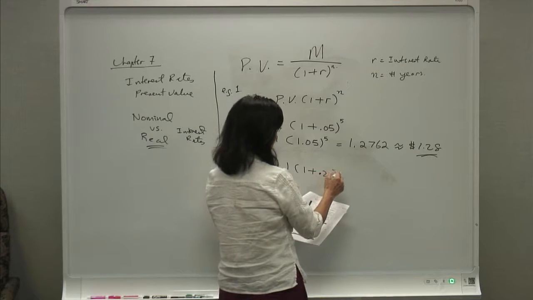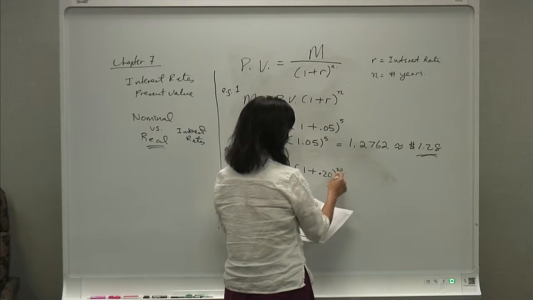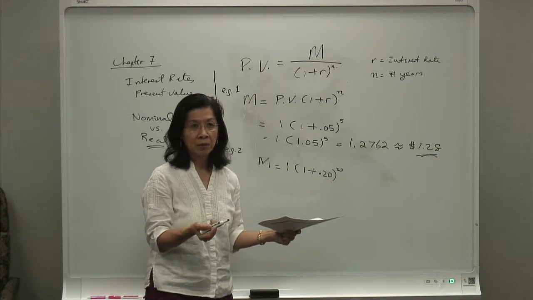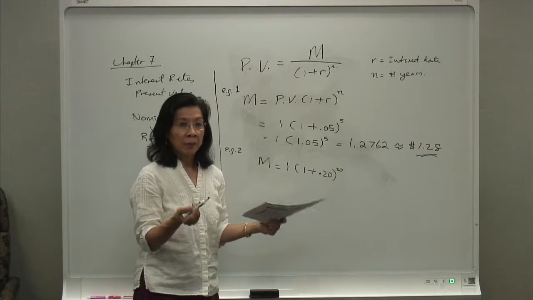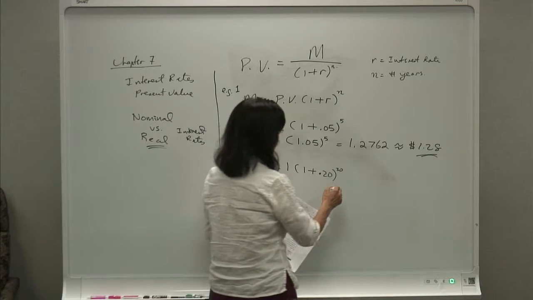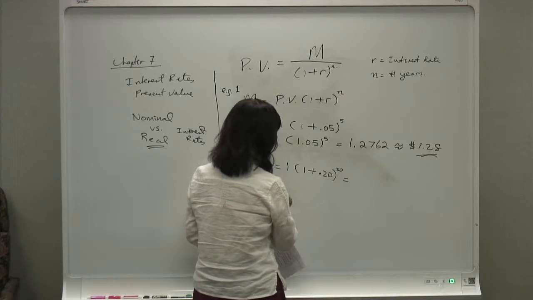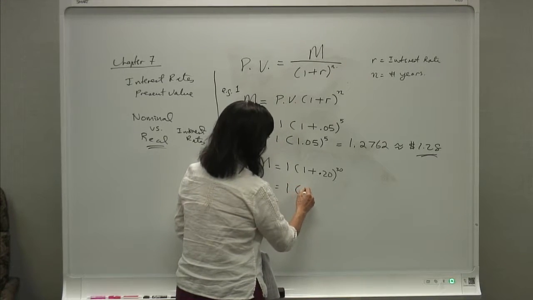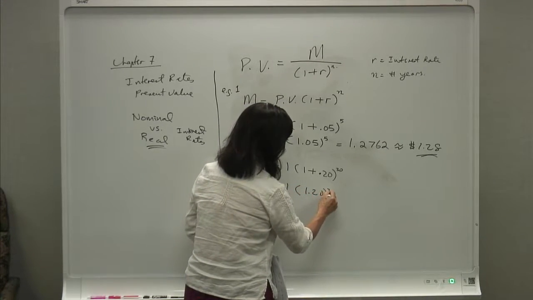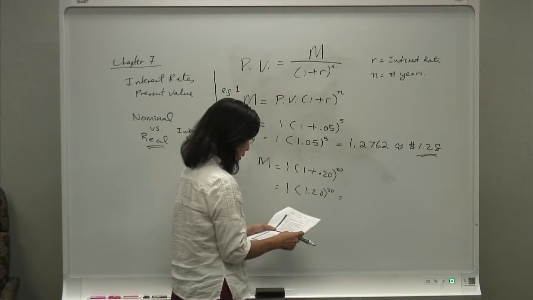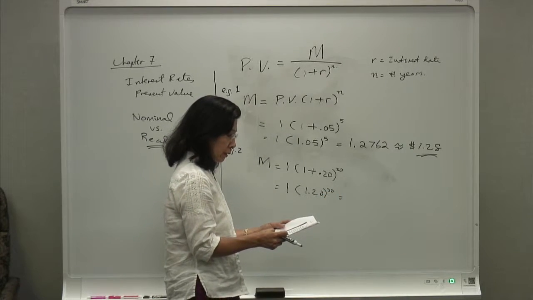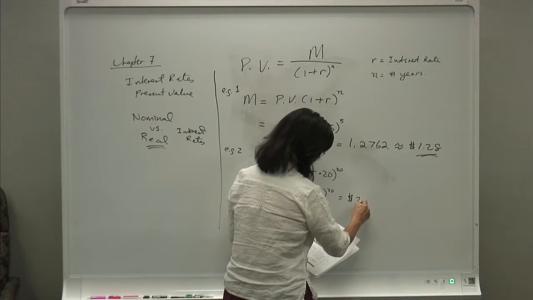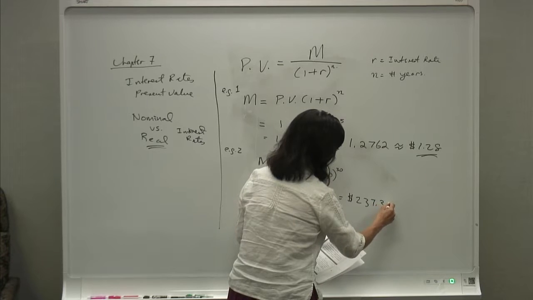Then you're going to raise it to 30 years, because you want to look at that dollar after 30 years with 20% interest, how much will I get in the future? So once again you have 1, and then 1.2 raised to the power of 30, and if you use a financial calculator to calculate that, the answer should be around $237.38.